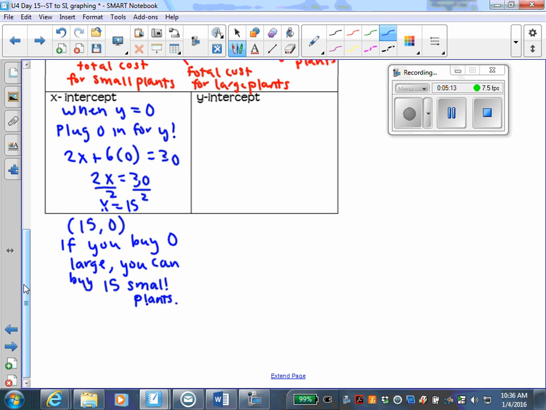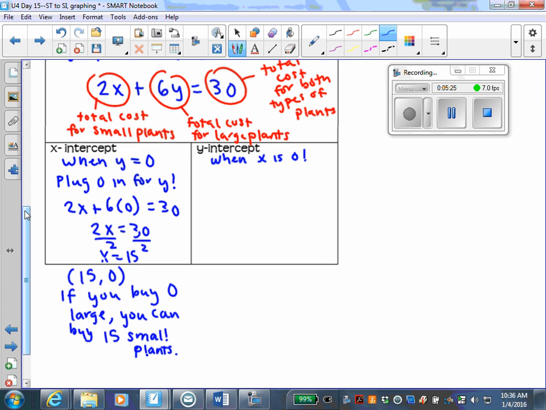Okay, for the y-intercept, that is when x is 0. So we're going to plug in 0 for x. So I'm going to go back up so I can see my equation. So it'll be 2 times 0 plus 6y equals 30, which is the same as just 6y equals 30.